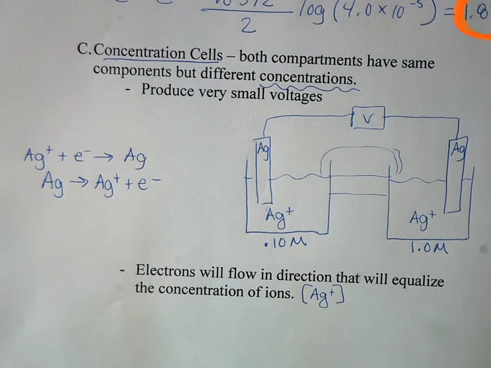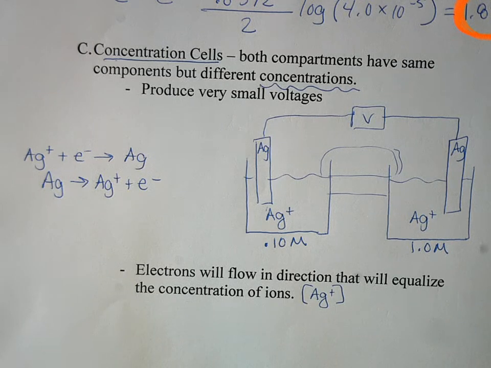And so if I think about it, first of all, on the left, I have a smaller concentration of silver ions. So this side is going to want to try and make more silver ions. So in order to make more silver ions, it's going to have to, from the silver here, give away some electrons so that I'm left over with extra silver ions.